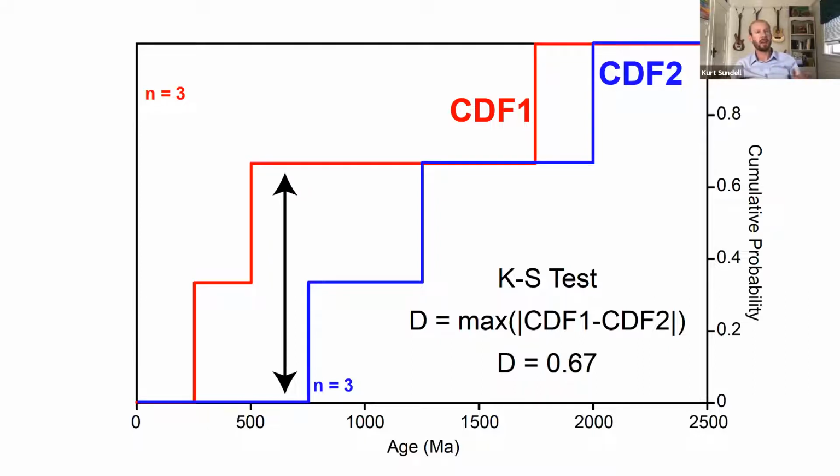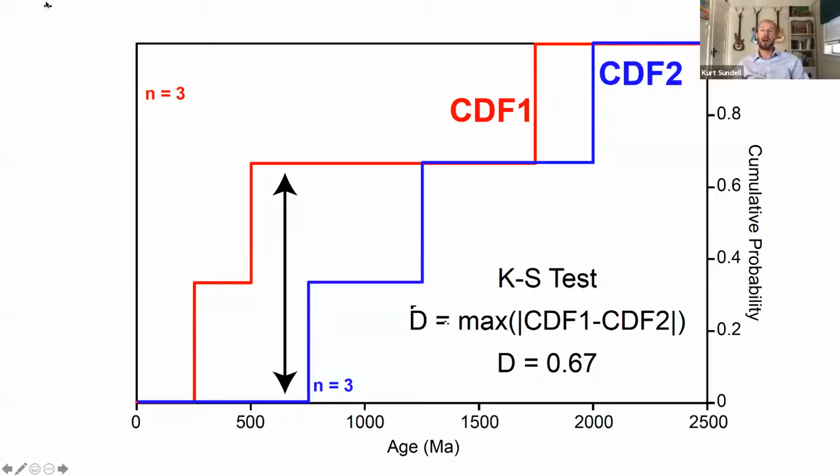You might have heard that p-hacking is a big issue in the scientific literature outside of detrital geochronology, and that is another direct result of p-values having issues, put it that way. I don't want to go too far into detail, but what we do in detrital geochronology is we use this D value as a measure of how similar, in a relative sense, these are.